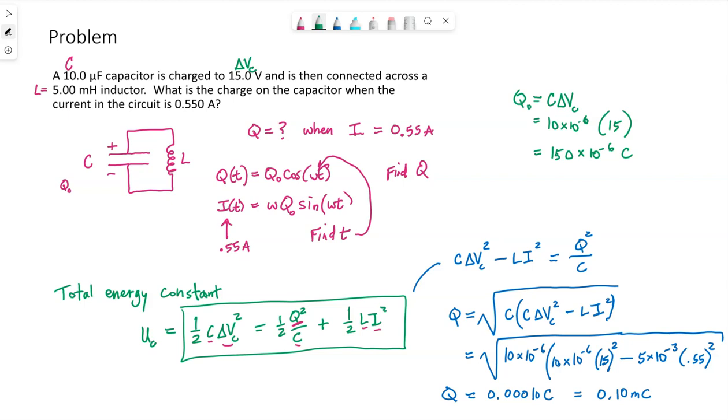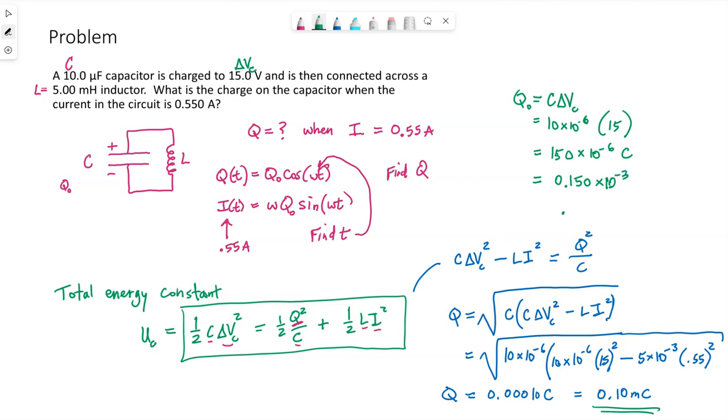150 times 10 to the negative 6. Let's get this to times 10 to the negative 3 so we can compare it to our answer and make sure our answer makes sense. If I move the decimal place 3 to the left, I would have 0.150 times 10 to the negative 3.